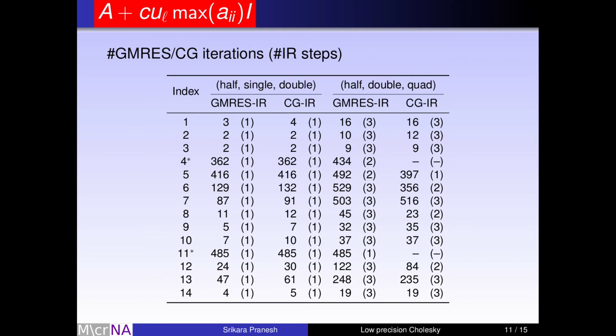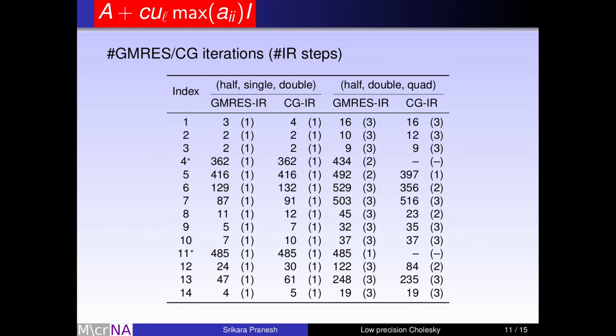Let me explain what they mean. The numbers within the parentheses are the number of iterative refinement steps. Iterative refinement is itself an iterative process, so there will be a number of steps in it. That is the number denoted inside the parentheses, and the number outside is the total number of iterations of the iterative solver, that is the total number of GMRES iterations or the total number of CG iterations.